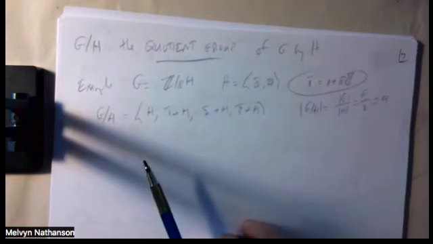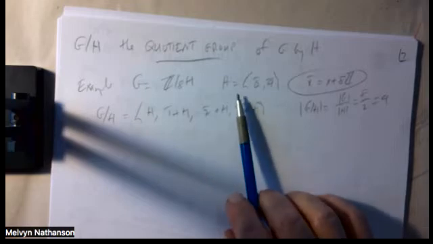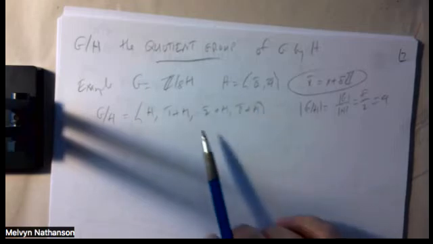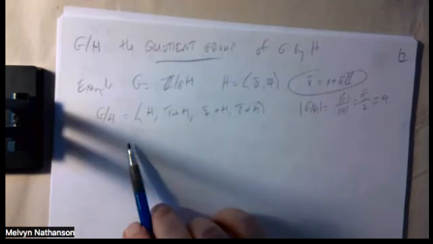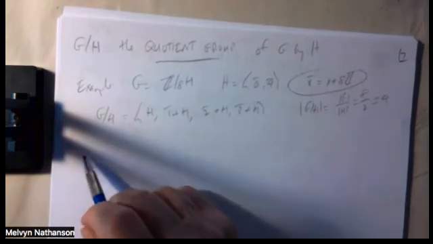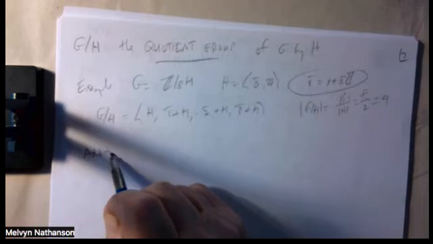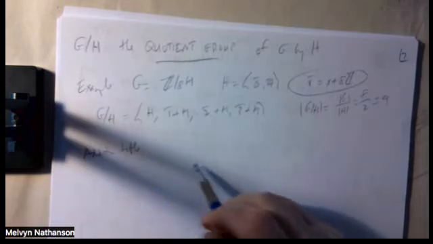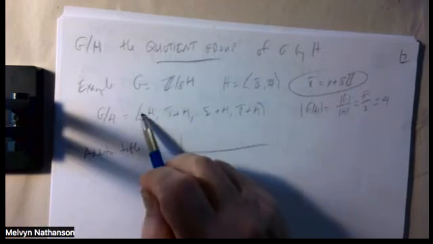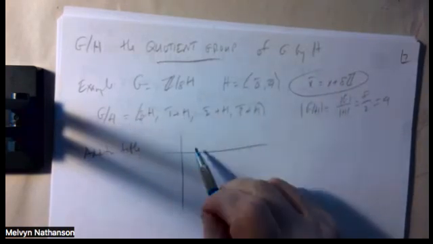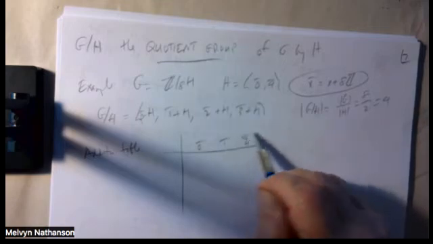And in an abelian group, x plus y equals y plus x implies every subgroup is normal. This is a normal subgroup. So here I have a new group. This is the quotient group. And what is the addition table? So I have 4 elements in this quotient, 0, 1, 2, and 3.